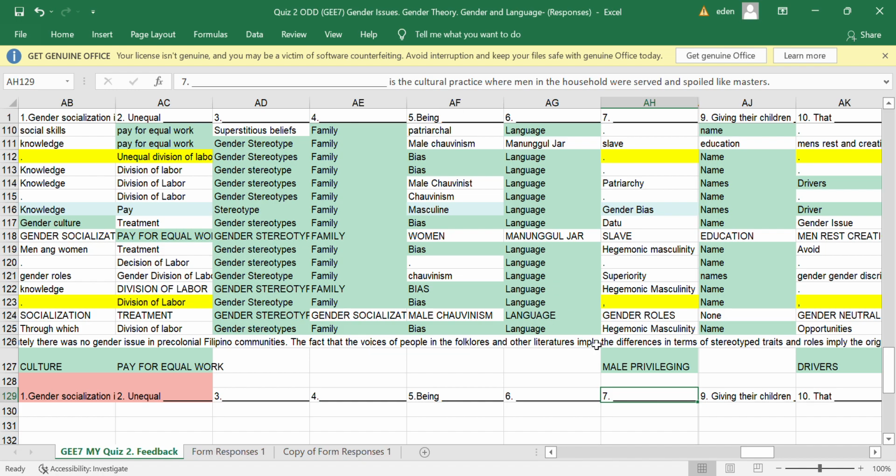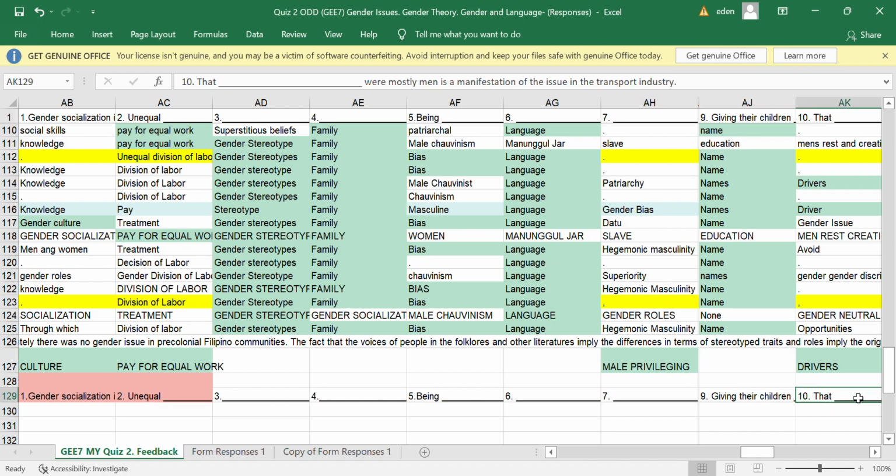We call that issue male privileging, and it is still being practiced now as a vestige of the feudal patriarchal value, wherein men are considered more important than women.